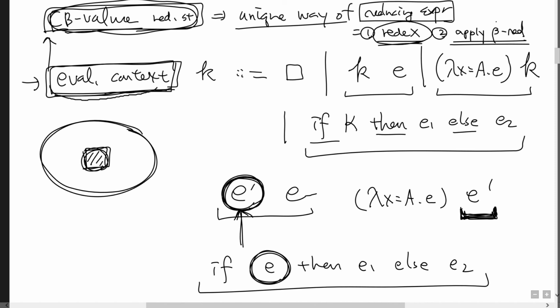And evaluation context tells you immediately where the next red x is found. You just try to find the hole in this evaluation context. In this regard, these two notions are equivalent. And this example shows that call by value reduction strategy gives us this definition of evaluation context.